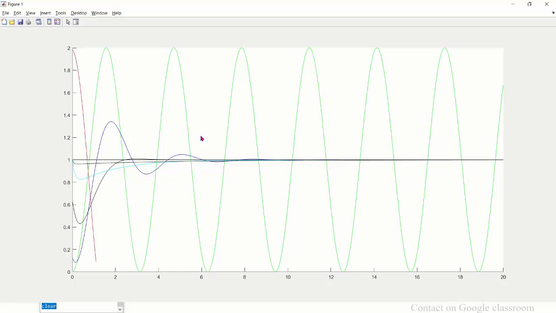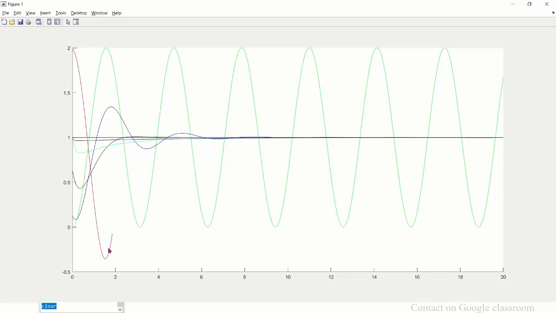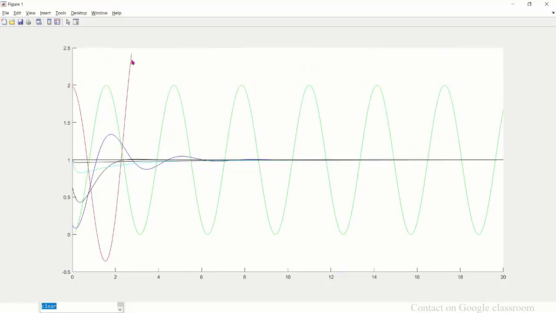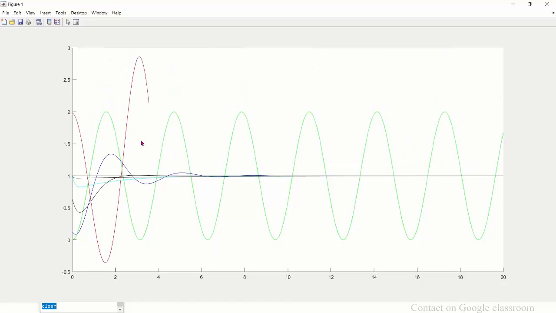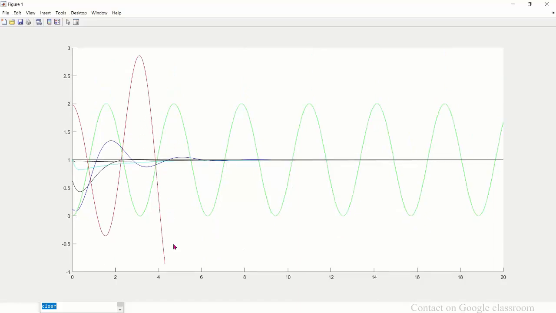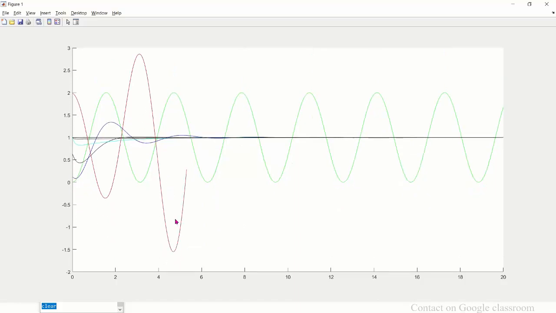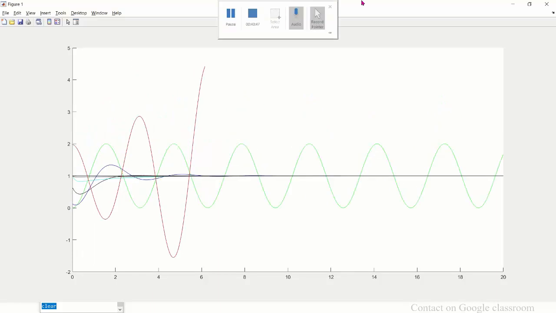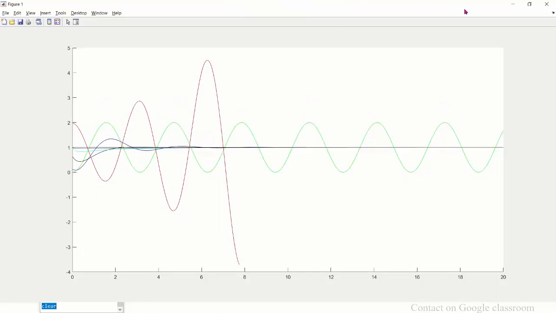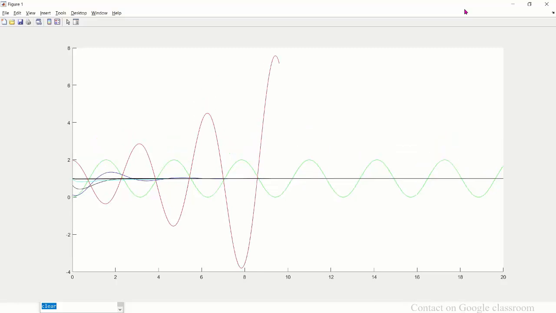Here comes the response of CT when zeta is taken as negative. So you can see that this is unstable. I've taken zeta as minus 0.1 in this case. So you will observe that CT will keep on increasing indefinitely, and thus you don't have any bound on the output.